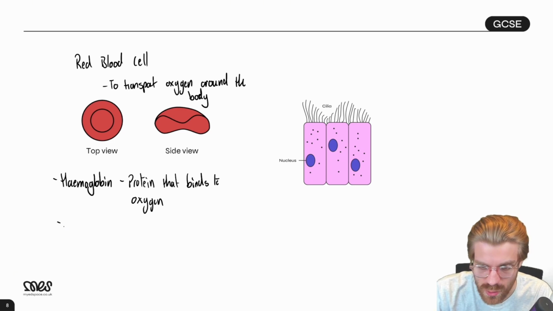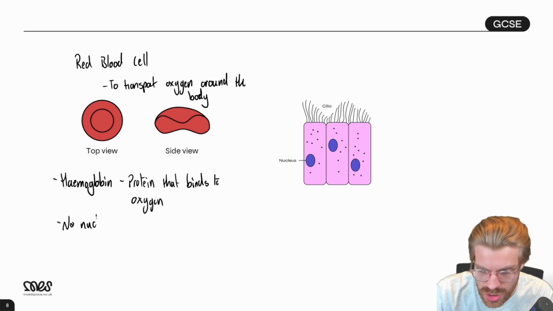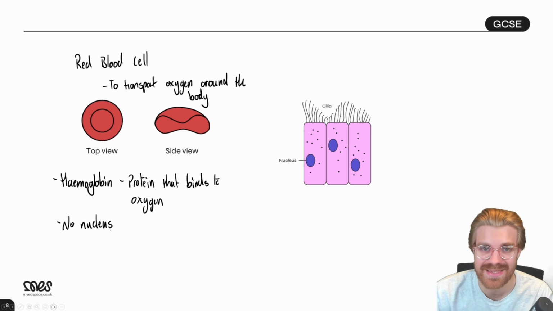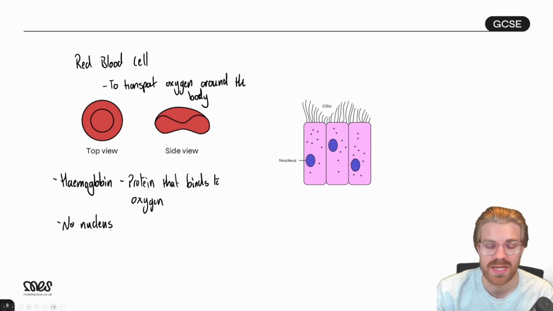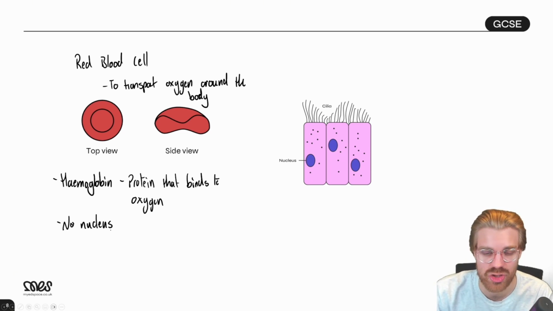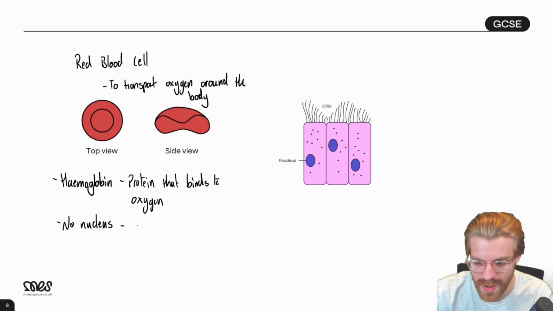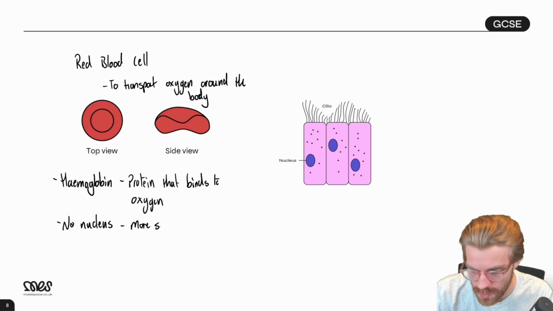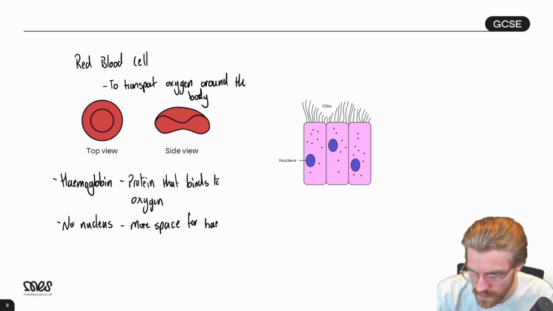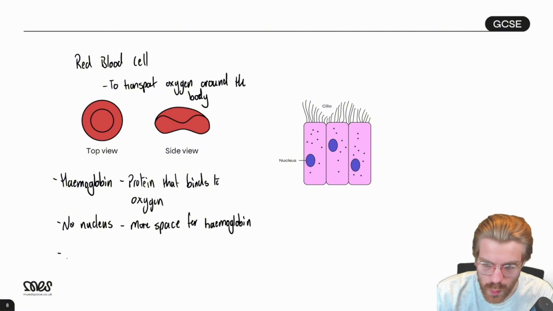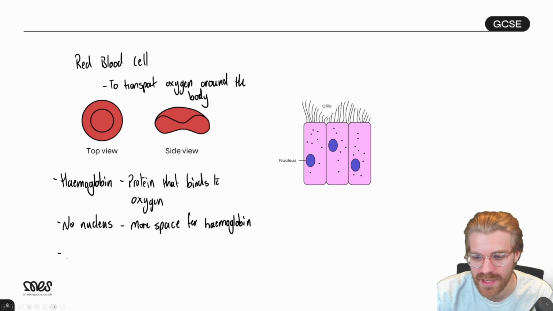The red blood cell also has no nucleus. The nucleus gets removed as that red blood cell develops into its specialized structure. By having no nucleus, this makes more space for the hemoglobin. And we could say that it has a biconcave shape.